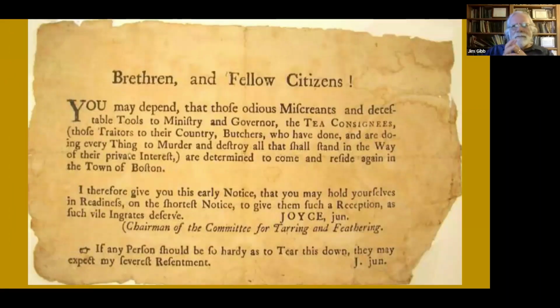And another one from Boston, Massachusetts. I like this one. "Brethren and fellow citizens, you may depend that those odious miscreants and detestable tools to ministry and governor, the tea consignees," that is, the retailers who had an arrangement with the East India Company to sell their tea, "those traitors to their country, butchers who have done and are doing everything to murder and destroy all that shall stand in the way of their private interest, are determined to come and reside again in the town of Boston.